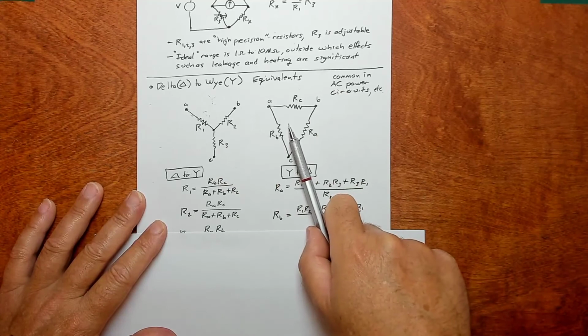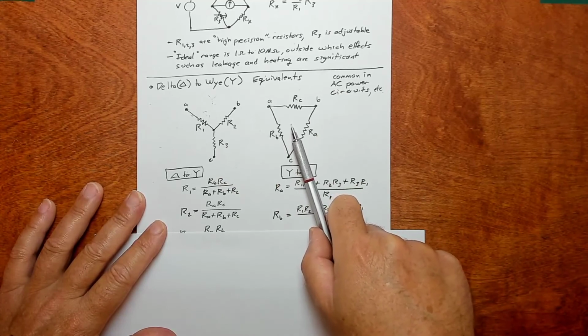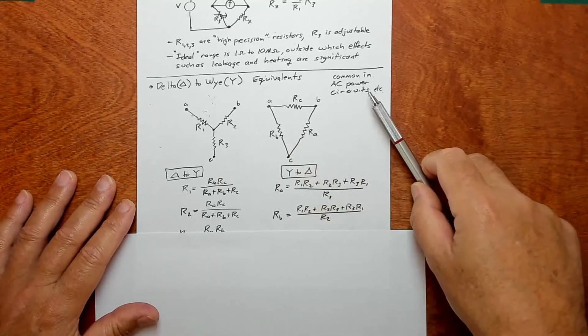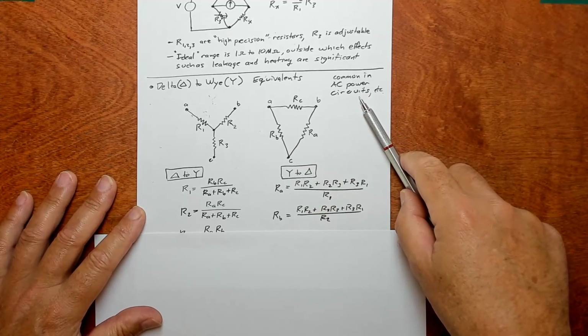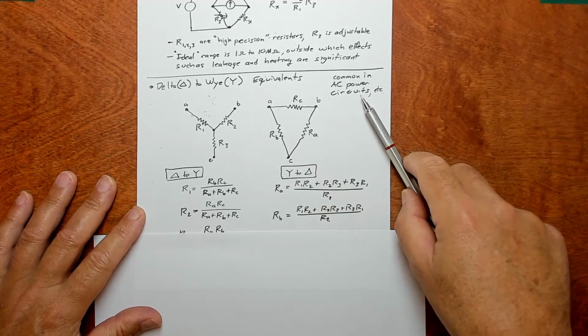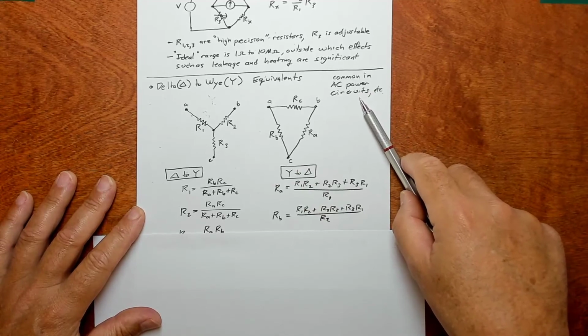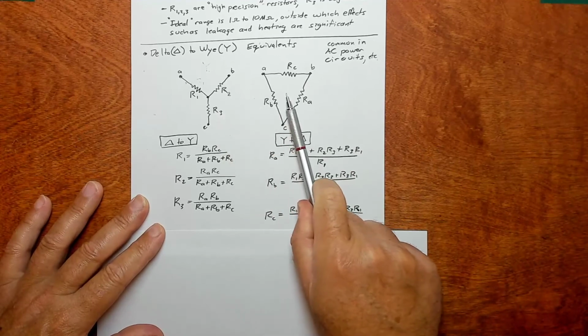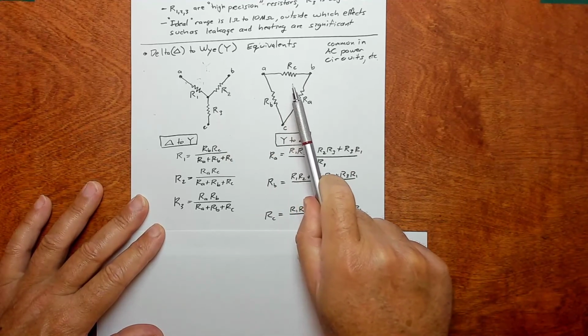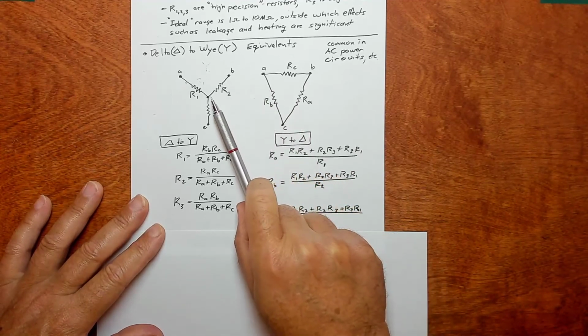It's useful for circuit simplification, but it's also useful because these kinds of connections happen in AC power circuits all the time. So it's useful for looking at those. But anyway, given one of these, we can convert it to one of these, and given one of these, we can convert it to one of these.